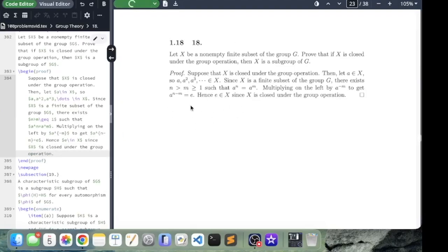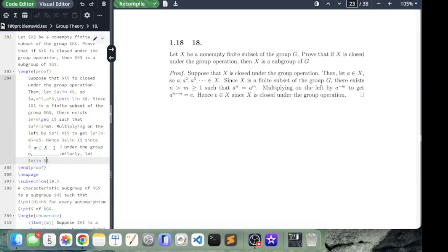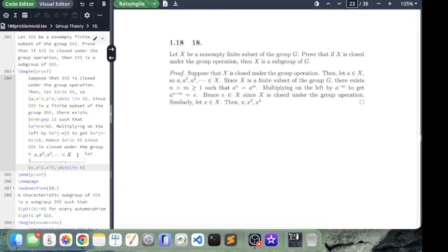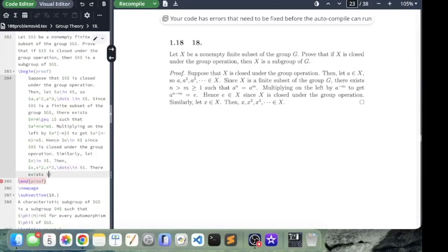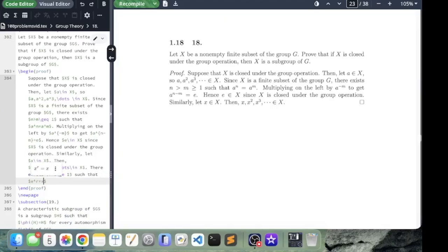And we're going to use the same trick to show that there are inverses. Similarly, let x be in X, then x squared, x cubed are all in X. There exists an r greater than s greater than or equal to 1 such that x to the r is equal to x to the s.